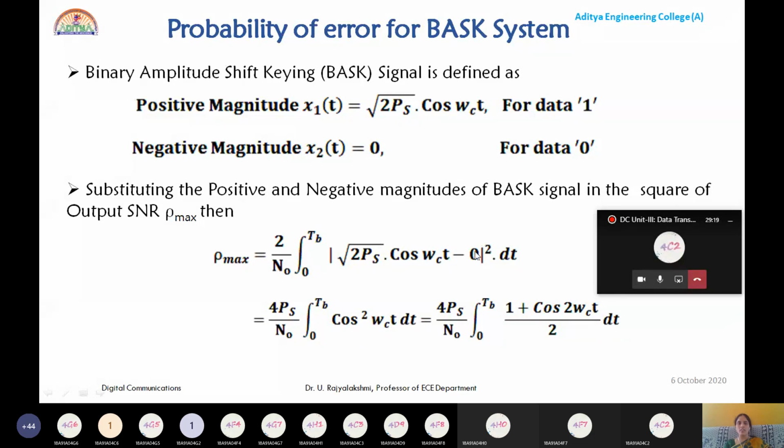Minus 0, we left that part. So it is equal to 4Ps by N naught integral 0 to Tb, where I replaced cos square omega ct as 1 plus cos 2 omega ct divided by 2, dt.